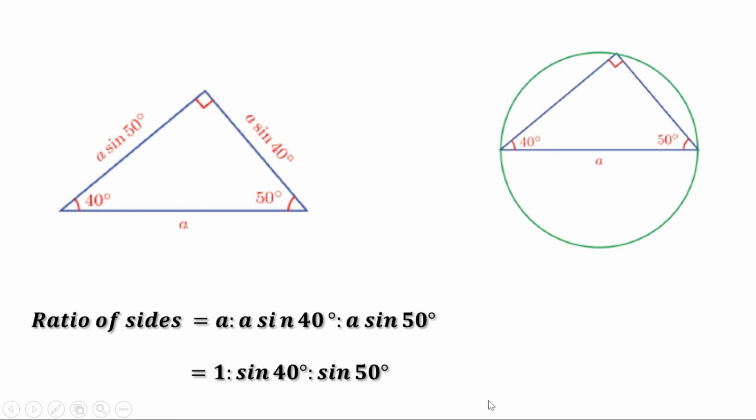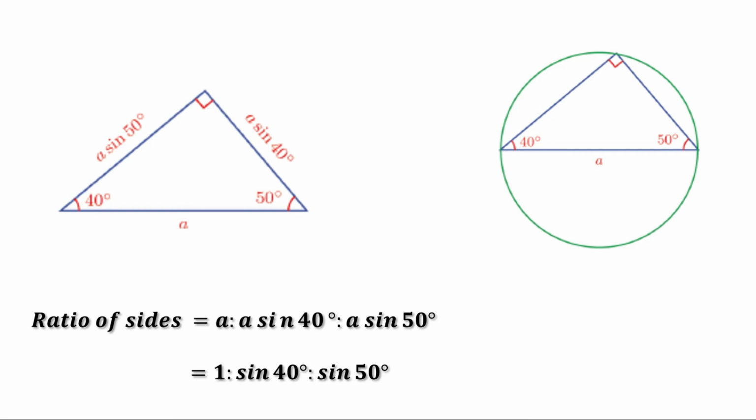That means we can find the ratio of the sides of a triangle from its angles. If all the three angles are less than 90 degree, we have to take sine of the angles. If one angle is more than 90 degree, we have to take sine of the supplementary angle of that angle. And if one angle is 90 degree, we have to take one corresponding to the right angle in the ratio.